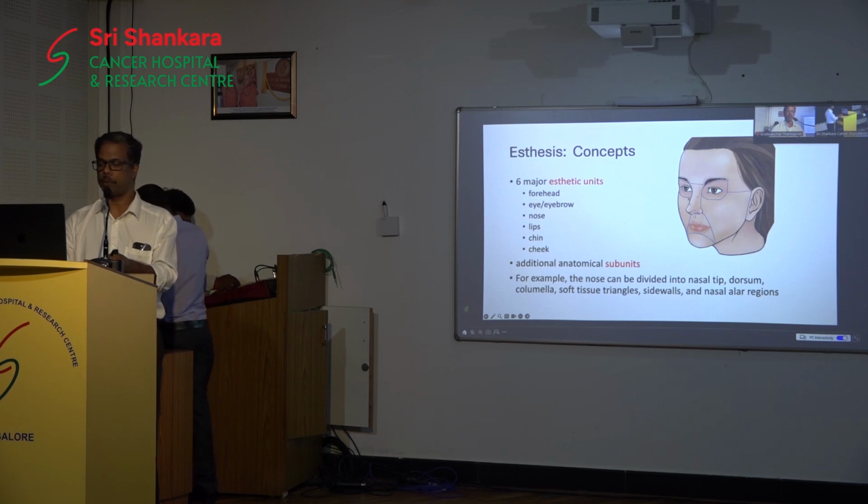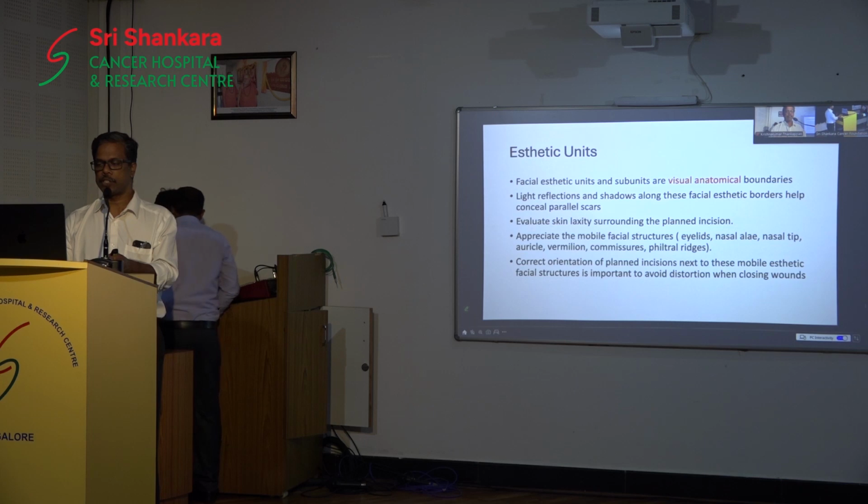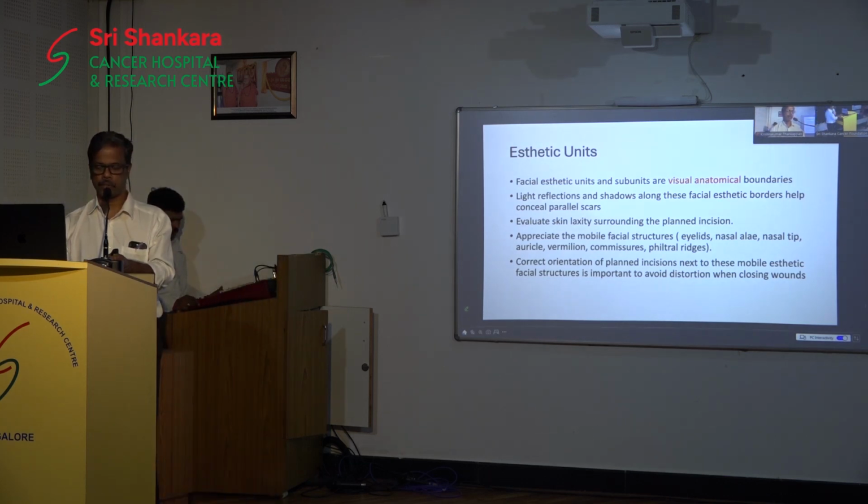For example, the nose can be divided into nasal tip, dorsum, columella, soft tissue triangles, side walls, and nasal alar regions. These units and subunits are visual anatomical boundaries where light reflections and shadows along these aesthetic borders help to conceal parallel scars. And we have to evaluate skin laxity surrounding the planned incision.